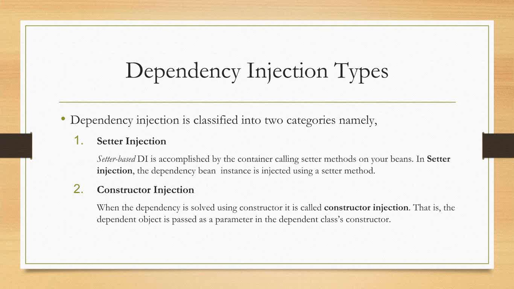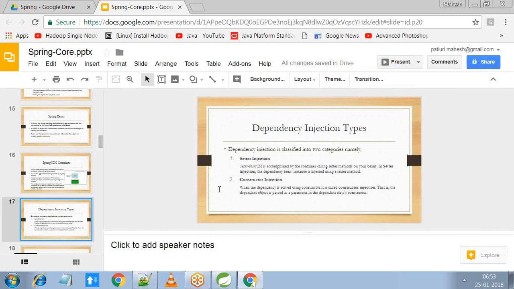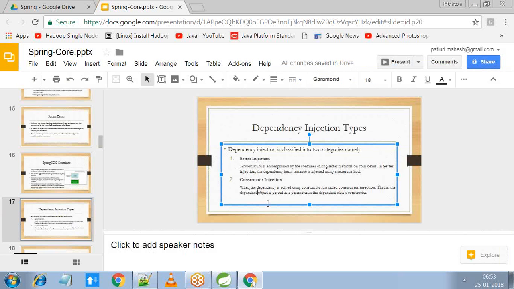That is, the dependent object is passed as a parameter in the dependent class constructor. Oh, sorry, not dependent object. It should be dependency bean reference. Bean means here we are referring to the object itself. You know that.